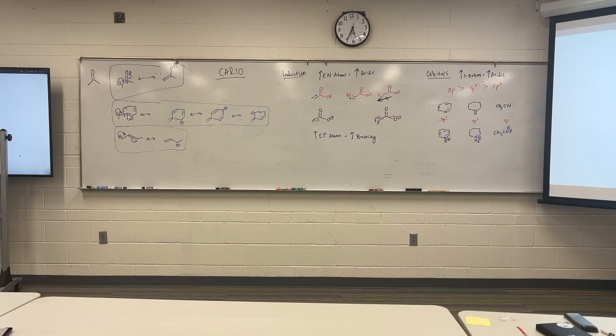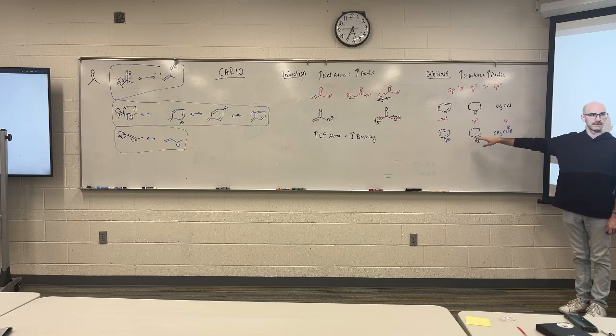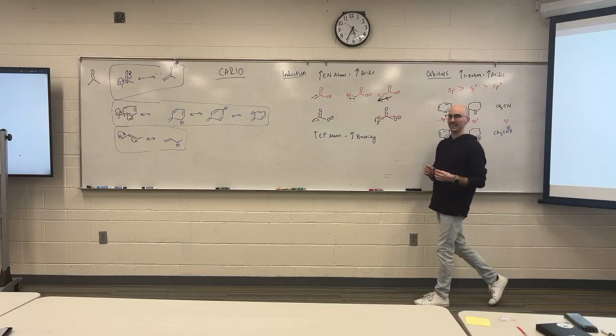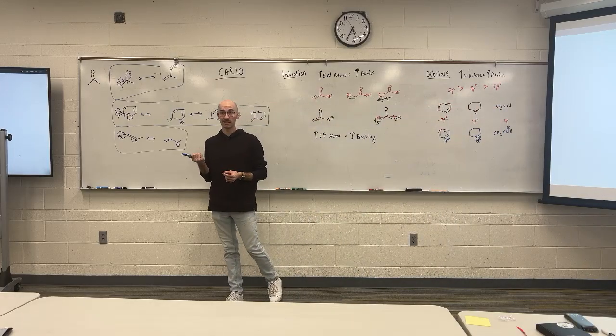Now we can apply our rule. Whatever has the most S character is the most acidic. Which of these conjugate acids is the most acidic? The one with the most S character?